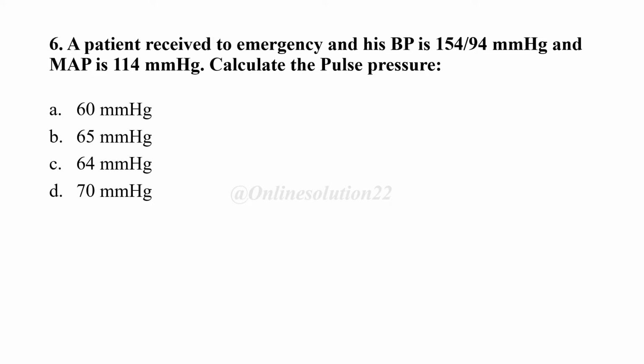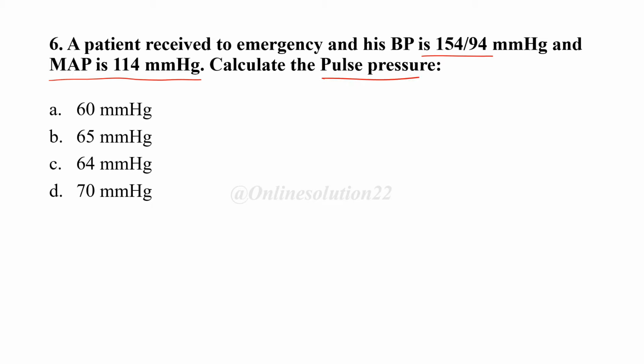Question number 6. A patient received in emergency and his BP is 154 by 94 millimeter of mercury and MAP is 114 millimeter of mercury. Calculate the pulse pressure. Option A 60 millimeter mercury, option B 65 millimeter mercury, option C 64 millimeter mercury, option D 70 millimeter mercury.